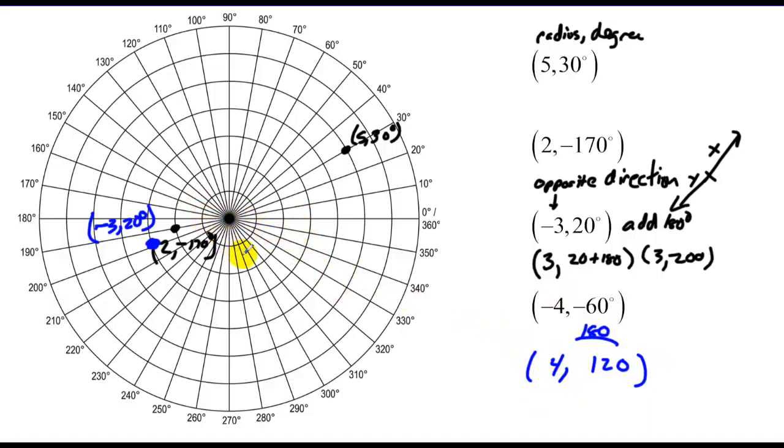So 4 and 120, go out 4, 1, 2, 3, 4, around 120, which puts me right here, and this is negative 4 and negative 60 degrees. So there is a set of plots of polar coordinates.